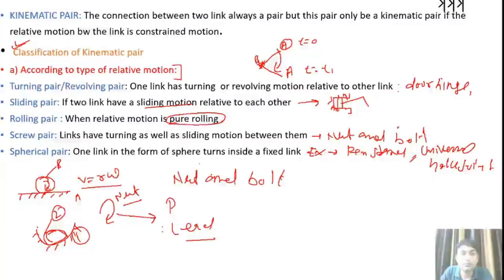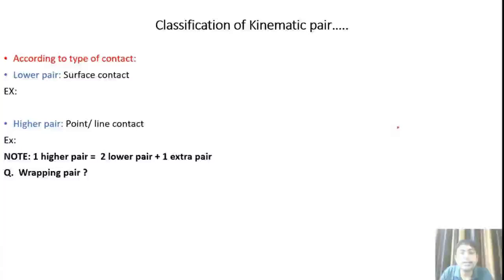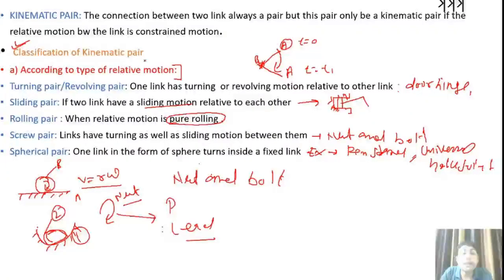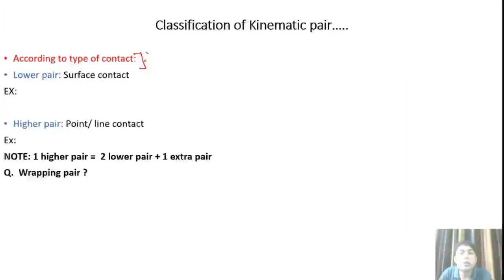Now classification of kinematic pair based upon the type of contact. First is based upon the type of relative motion. Now second is type of contact. Contact may be surface contact or point or line contact.